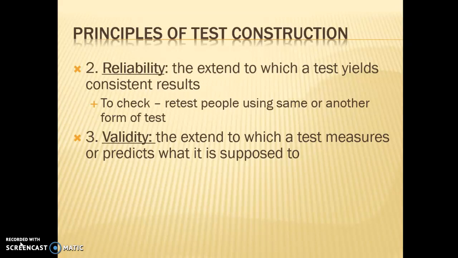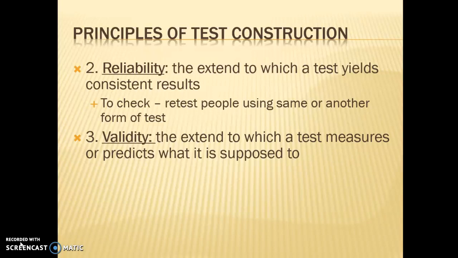So let's say you consistently score on your driver's ed test, the written portion, let's say, a 75%. Yes, it's reliable, right? Like you took the test 4 times and you got 75, 78, 77. But does the written portion predict what it's supposed to predict?